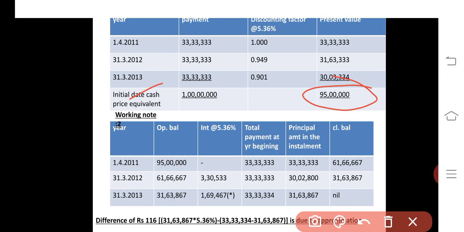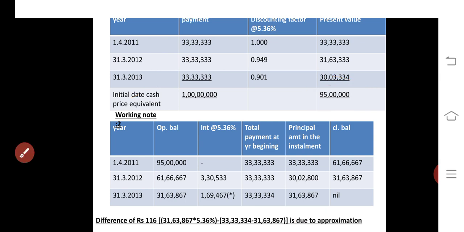First, cash price equivalent at initial recognition, we have to find out what the cash price is. Next we'll go for the second working note, that is we need to find out the calculation of interest expense. So for per installment how much interest we have paid, we need to find out.